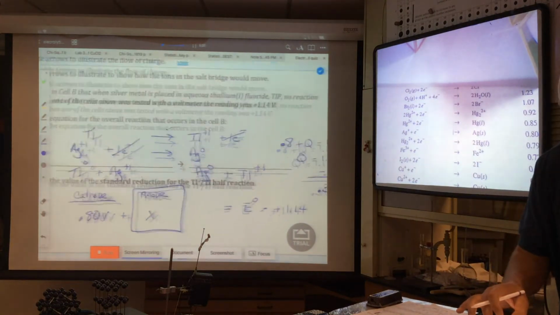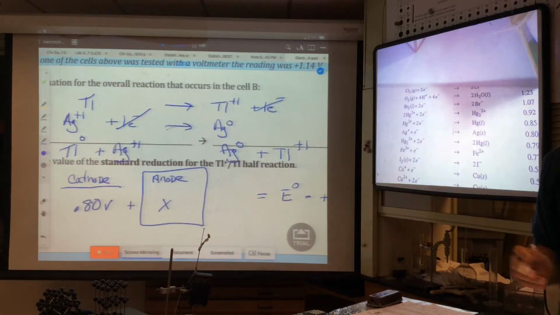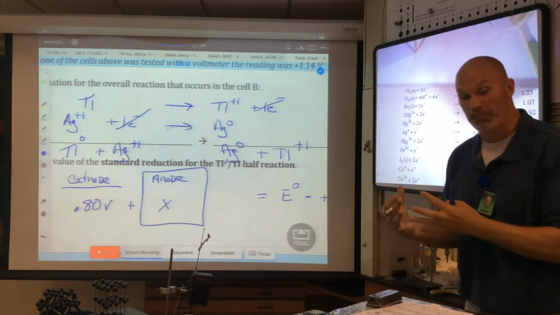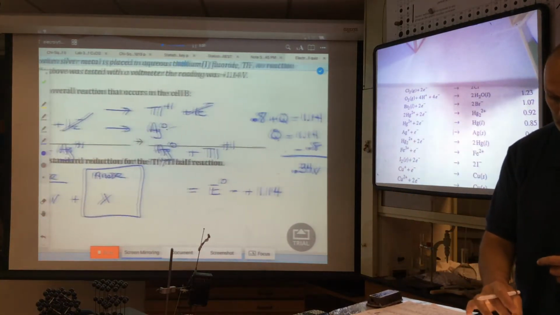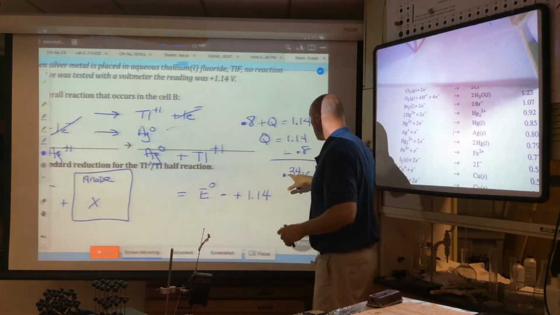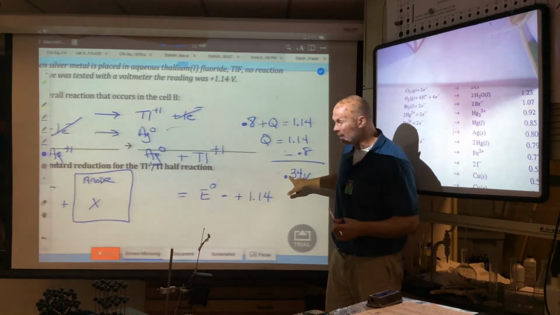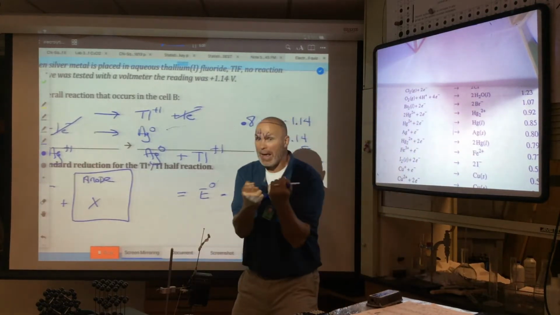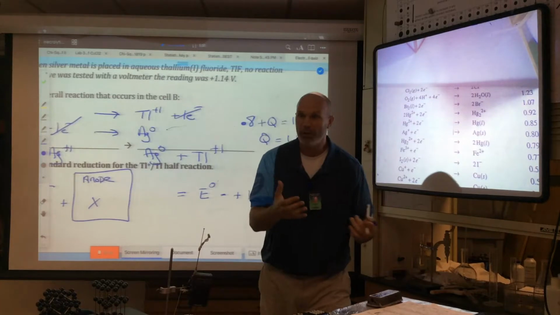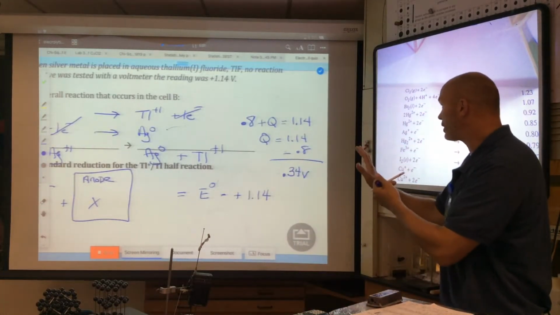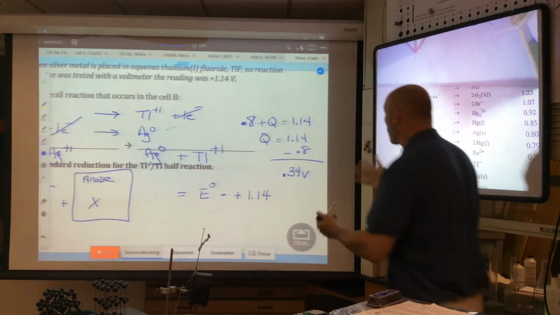What did I ask for? The standard as written on the what? So we found that the oxidation potential had to be 0.34. Think about it. If the silver pulls 0.8 really well, and the other guy pushes 0.34, you're going to have a total of 1.14.